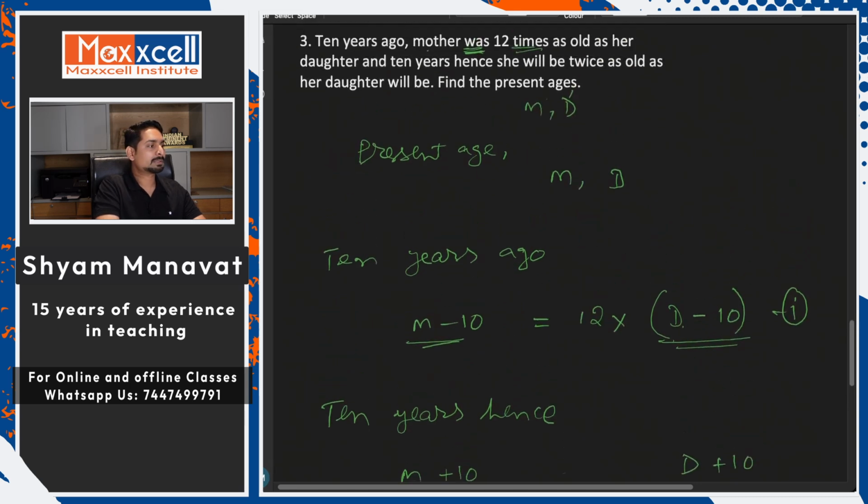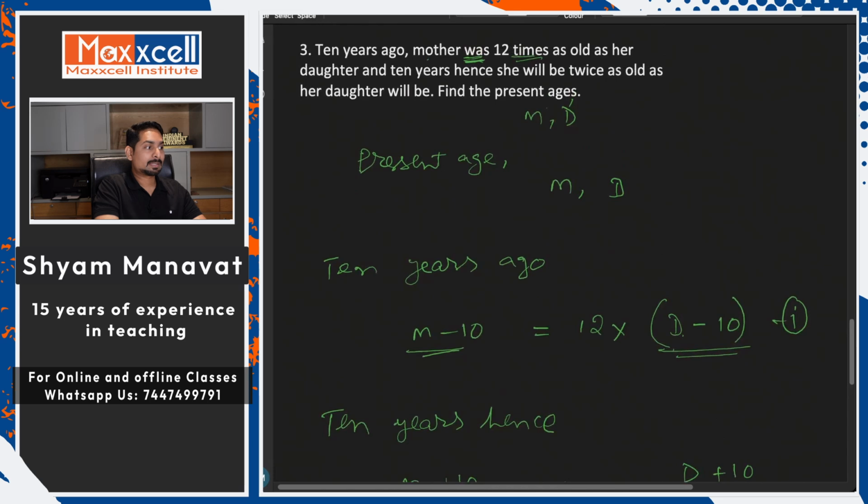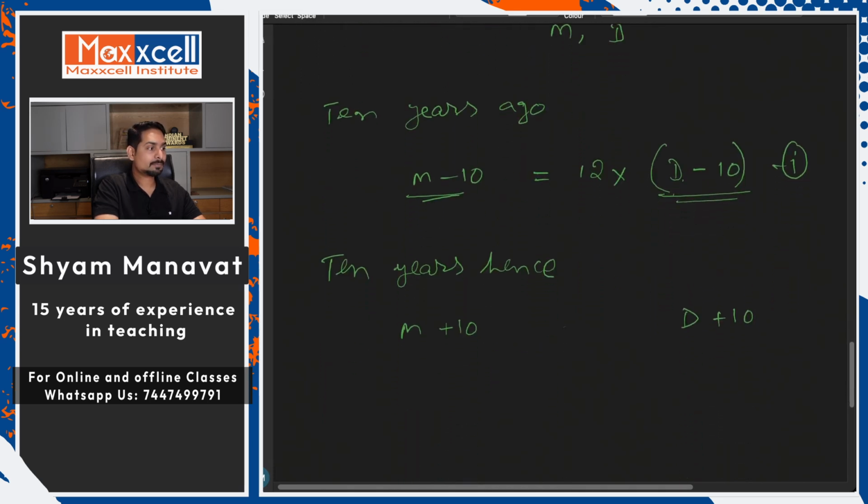Correct? Question said 10 years hence, mother will be twice as old as her daughter. Twice, that means 2 times the age of daughter at that time, D plus 10. Okay, now we can simplify this also. All right, second equation. You can simplify and get the answer.